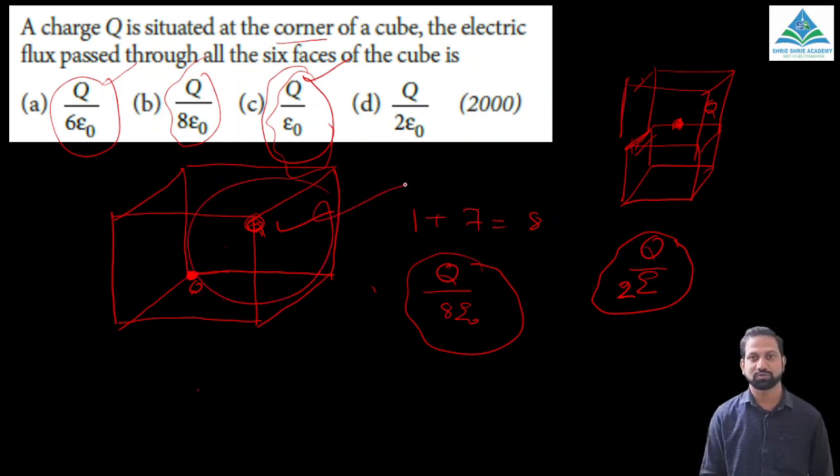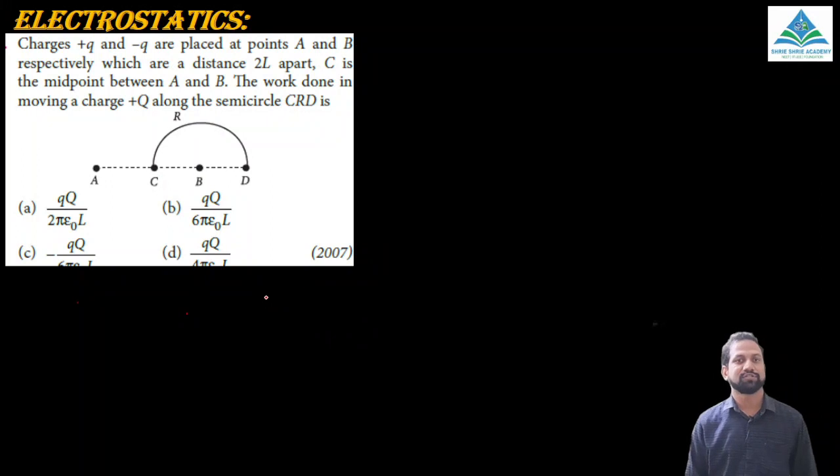Similarly, let us discuss one more problem from the same potentials topic. This is a problem based on the work energy theorem. The work done equals the difference in potential energy of the system, UF minus UI.